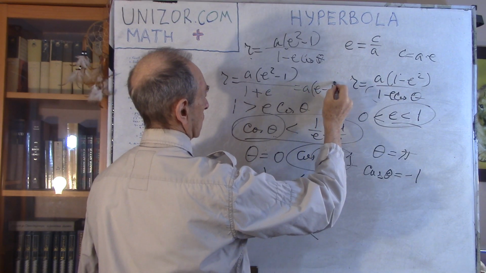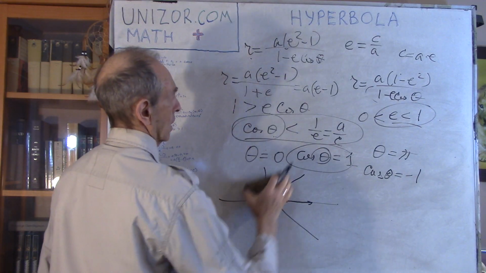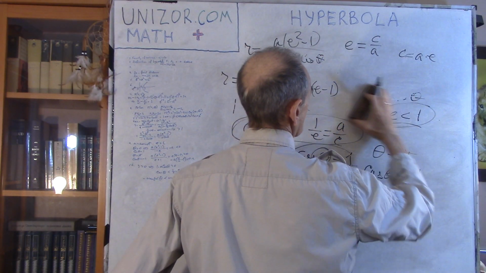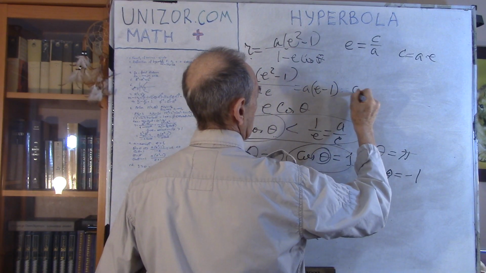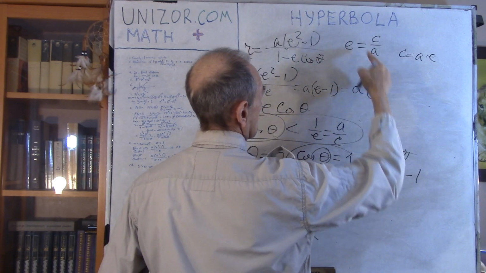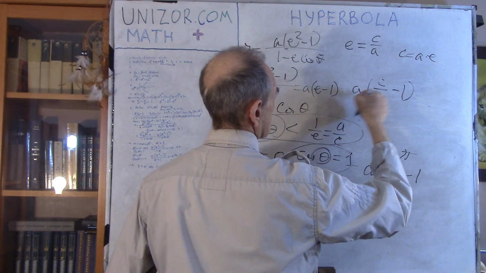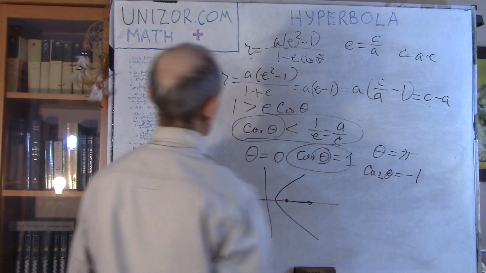that's e minus 1. So it's a times (e minus 1). e is c over a, so it's c minus a.